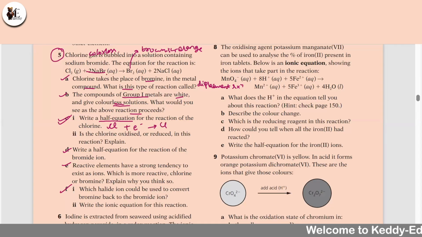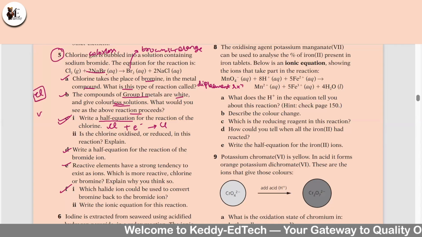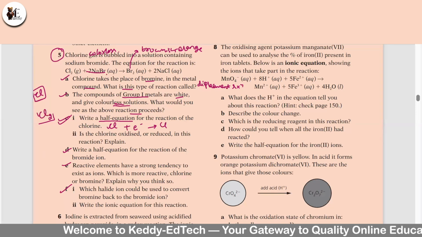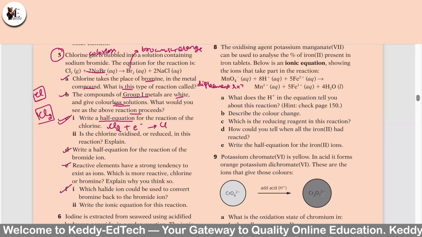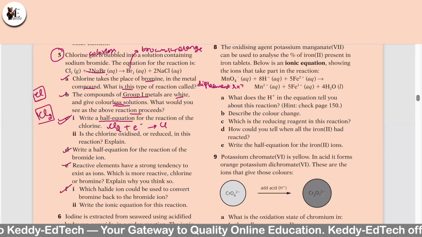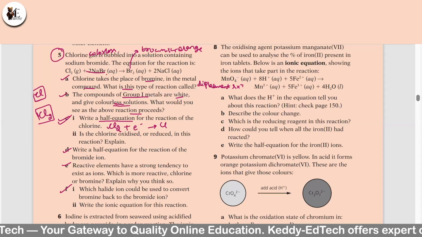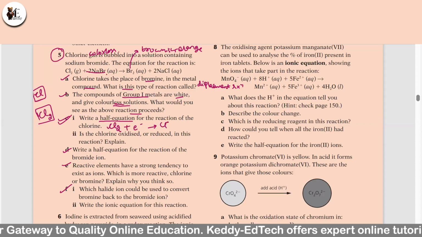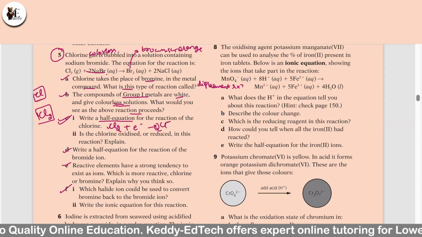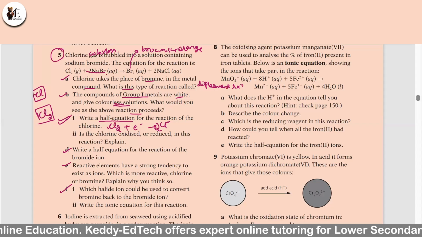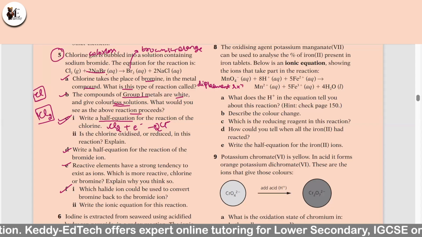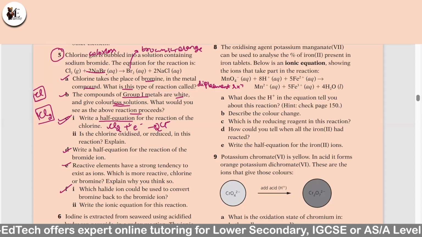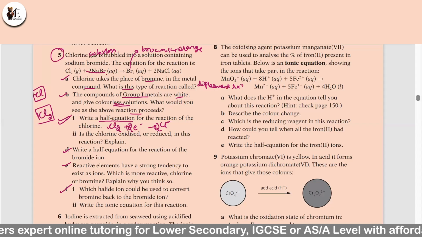Chlorine never exists as a single element. It is a diatomic gas. It always exists as Cl2. So you have to add Cl2 here. Cl2 plus electron. And then to balance the equation, because there are 2 chlorines on the left hand side, you have to write 2Cl minus. Since the valency of one chlorine is 1 and there are 2 chlorines involved, you have to write 2 electrons here.